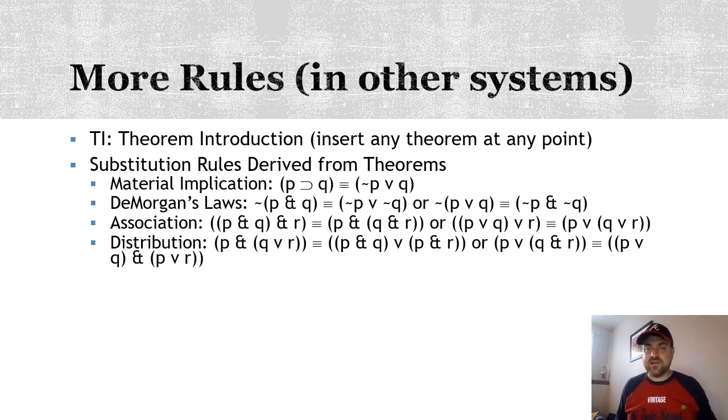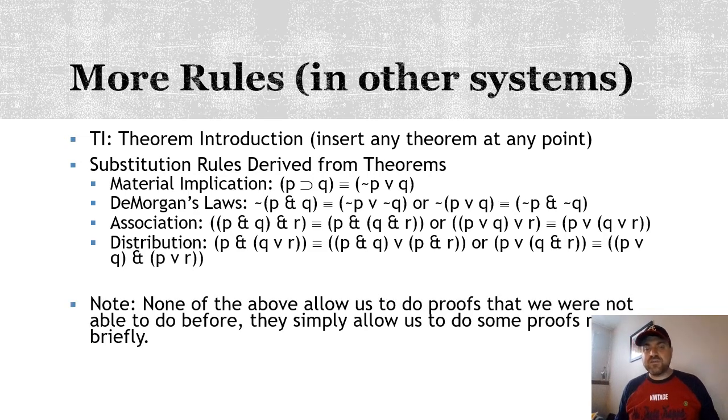If you have a negated conjunction and you want instead the negations of each of the disjuncts, or if you have a negated disjunction and want the negation of each of its conjuncts, you can just substitute that out. Those are De Morgan's laws. Same with association or distribution. If you just need to switch some stuff around in terms of parentheses, you could use some of those rules. And again, those rules can tend to make a proof neater and tidier, but then there's more that you have to remember and keep track of.